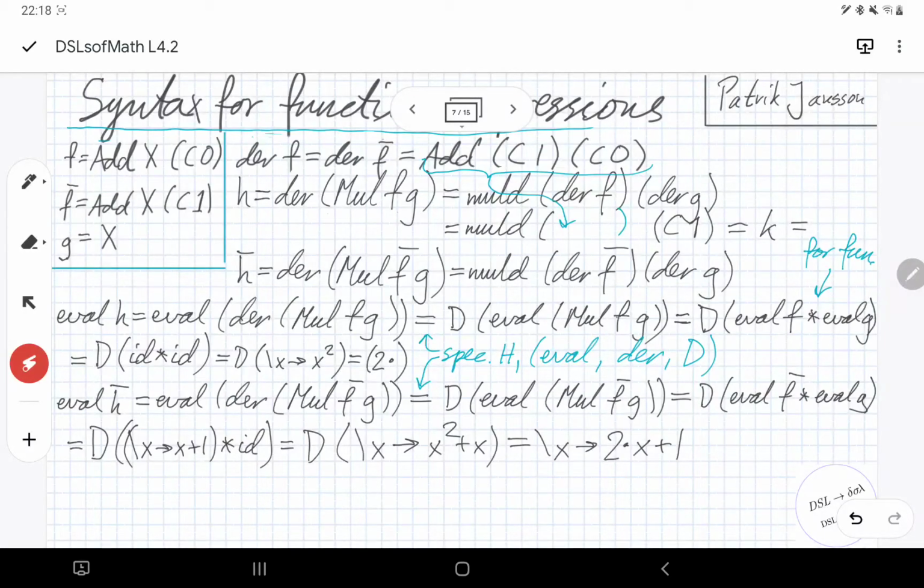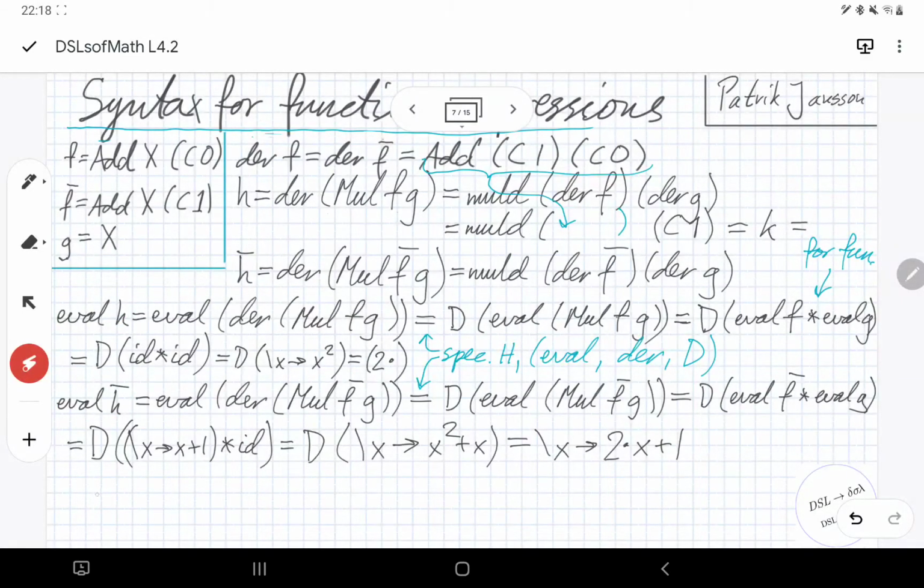Now, h is equal to h bar. We know that from above. They are both equal to some k. We don't know what syntax tree it is, but clearly it's an equality chain from h to k to h bar. So whatever syntax tree they are, the evaluation of that syntax tree is some concrete function. It's the same function in both cases.